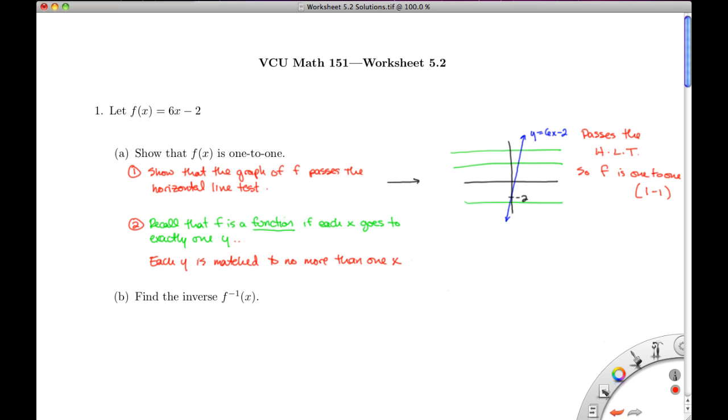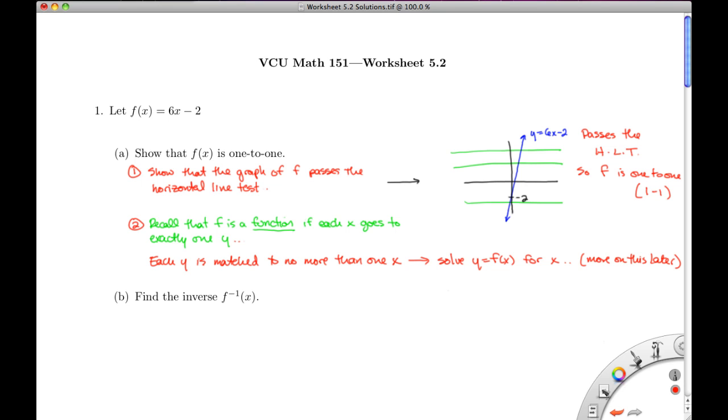And the way that we could do this is we could solve y equals f of x for x. And then we can see whether each one of these y's is only going to go to 1 x. We're going to actually do this in part B as part of our process of finding the inverse. So we'll do a little bit more on this later. But this is another way that we can show this.